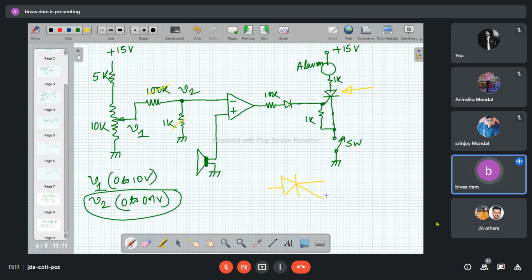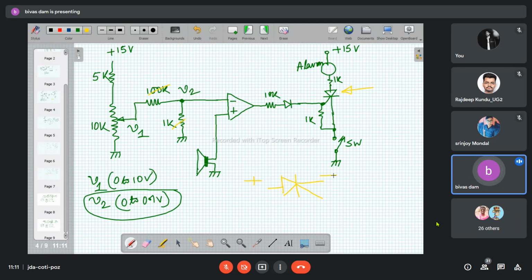As an SCR is a switch, how many states can there be? 2. One is on, the other is off. Either it is conducting or non-conducting. Even if you supply some plus minus voltage here, and even if you go on increasing that voltage difference, you cannot turn on that SCR.